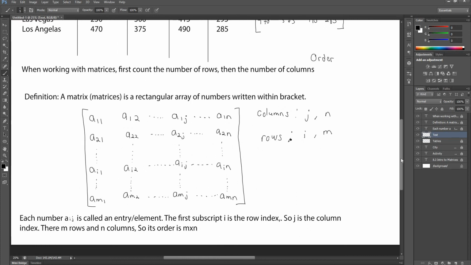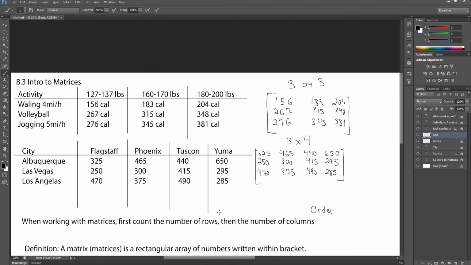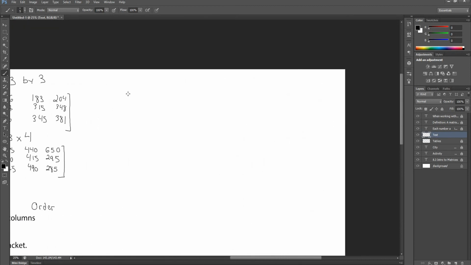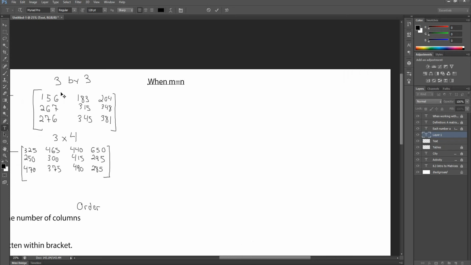So I'm going to scroll on up and over. First and foremost, I'm going to keep using text. So when M is equal to N, which we saw in example 1, so here I had a 3 by 3.